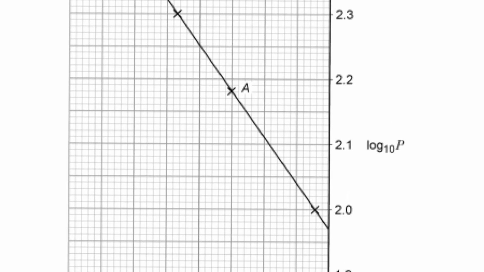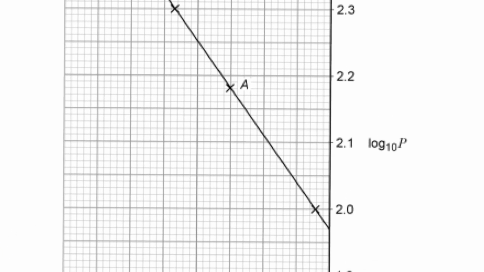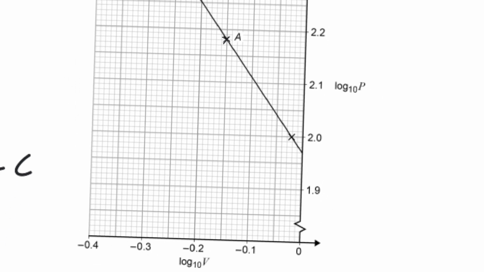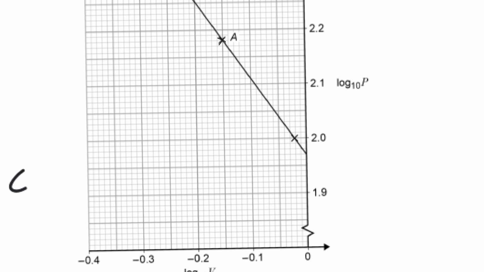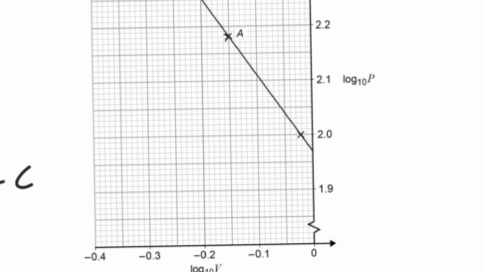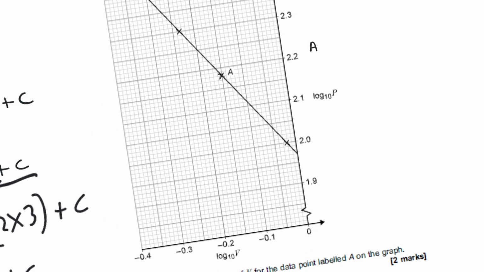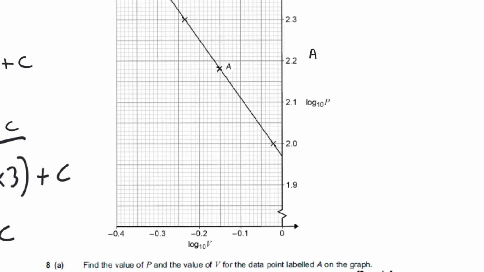So I'm going to zoom in so we can see that clearly. We can see the coordinates of point A, and I'll zoom out so you can still see the graph axes. Okay, the coordinates of point A: its x value is minus 0.15 and its y value looks like 2.18.